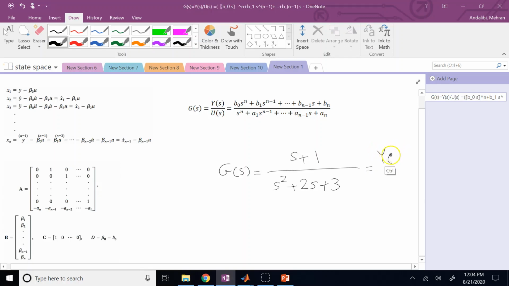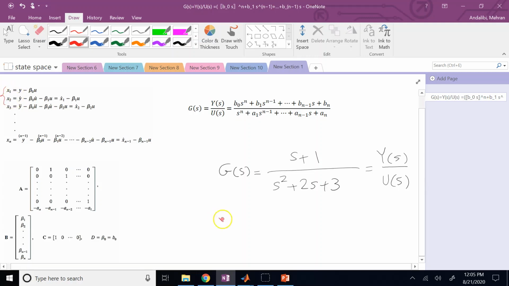I cannot simply choose y and y dot to be my state vectors. It's not going to be that simple. So I go with this selection. I just need two of them, so I just select the first two.